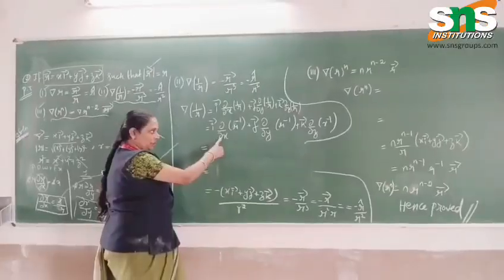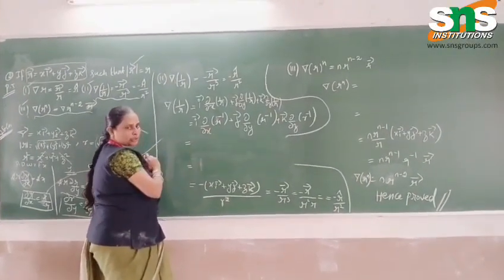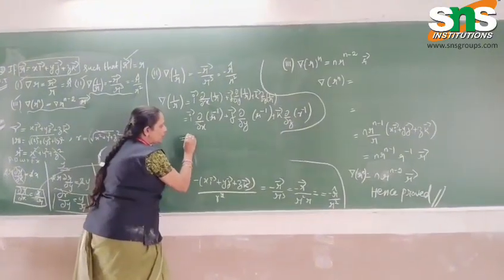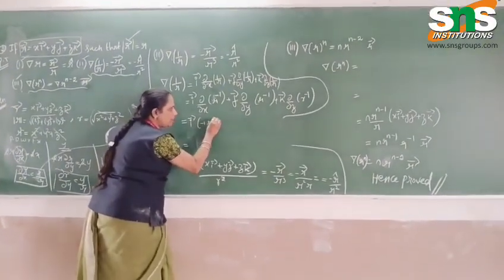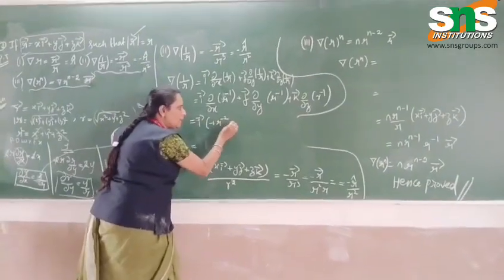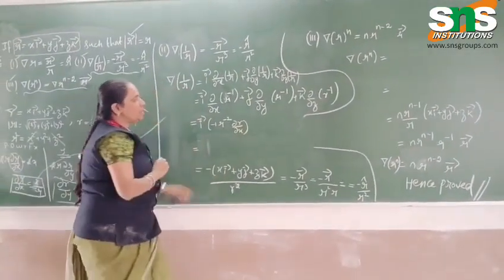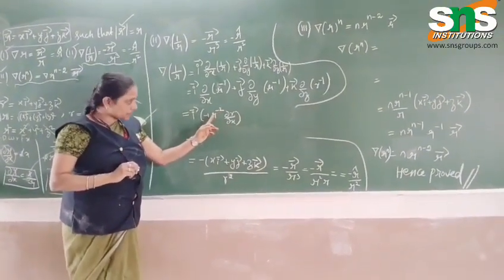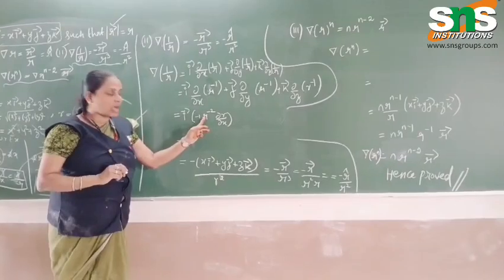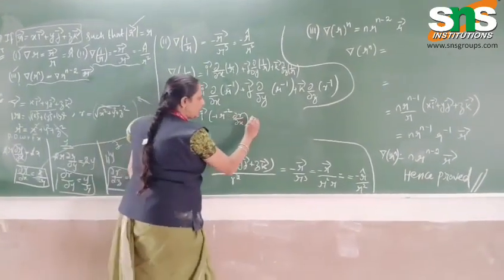Differentiating this r inverse partially with respect to x, here i vector of minus 1 r power minus 2, then dou r divided by dou x. That is n into x power n minus 1. Then we partially differentiate r in terms of x, so dou r by dou x.